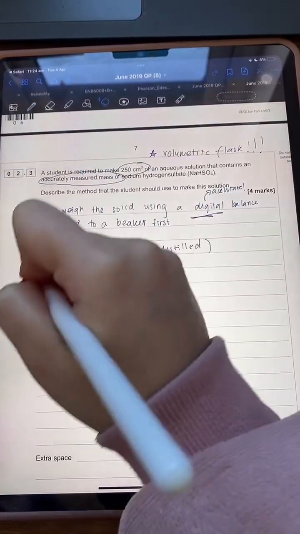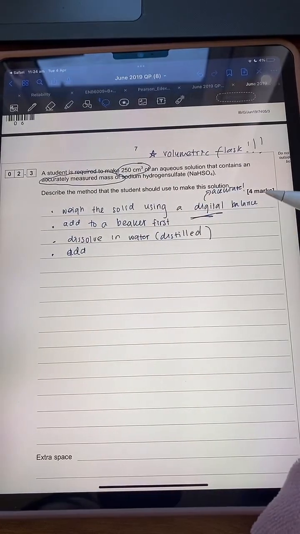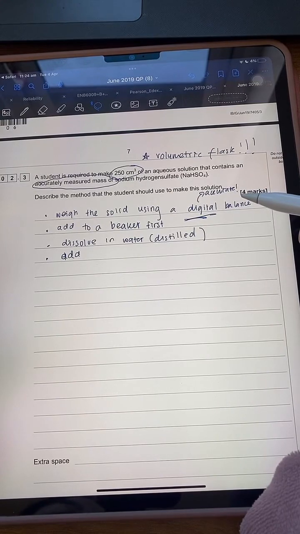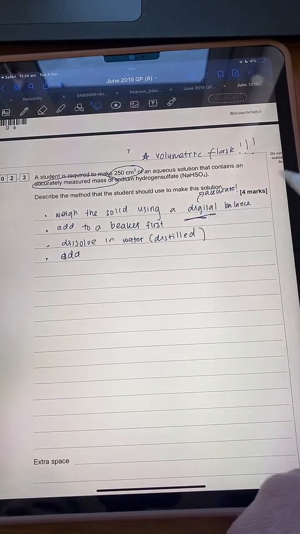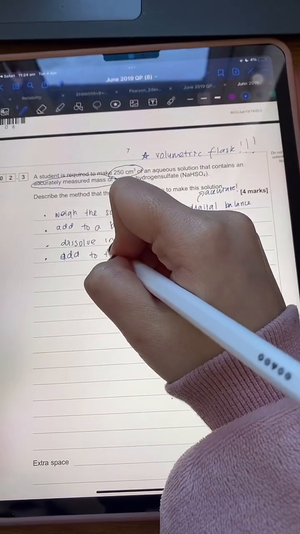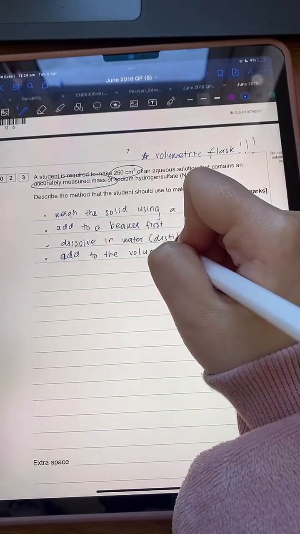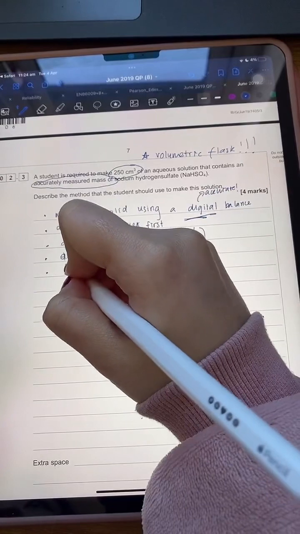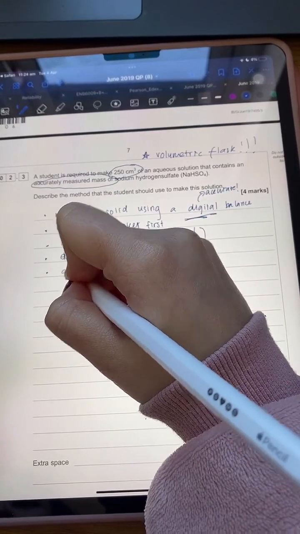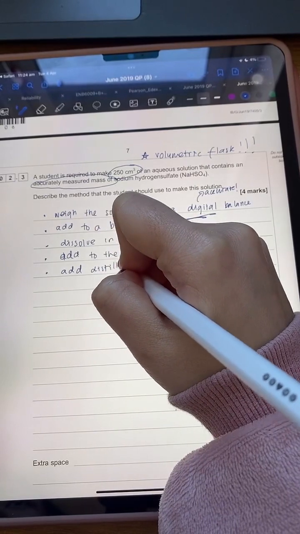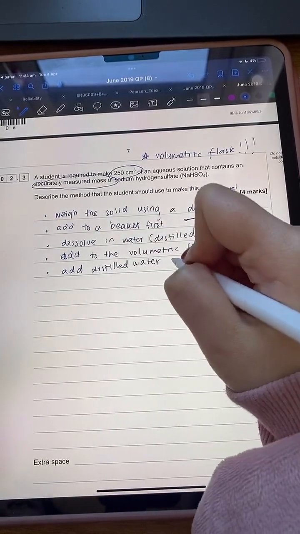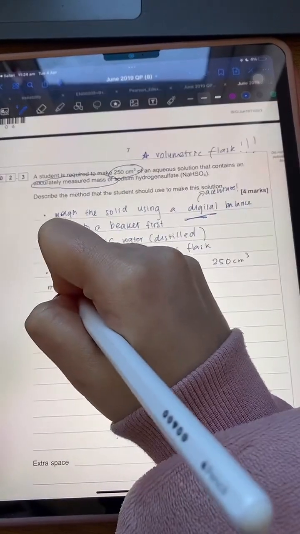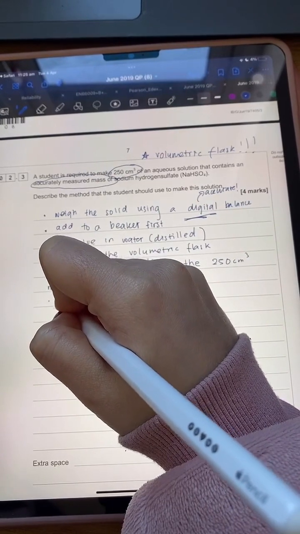So then you can dissolve in water, add to the volumetric flask, and then add distilled water to the 250 cm cube mark. Invert and shake, to ensure mixing.